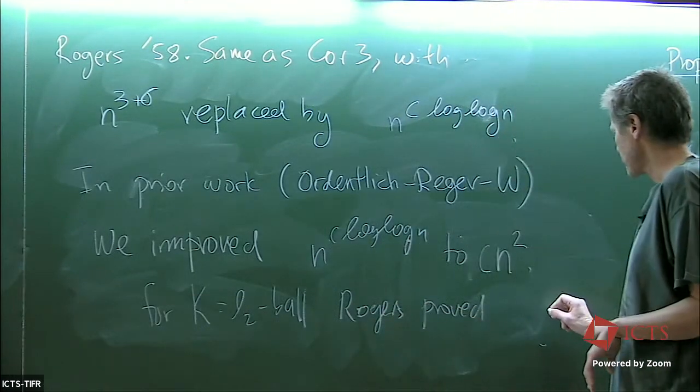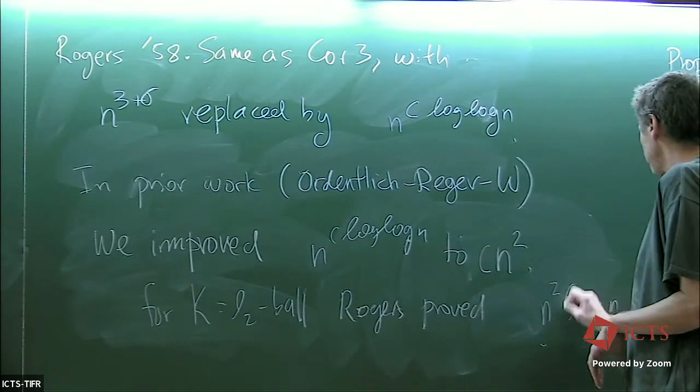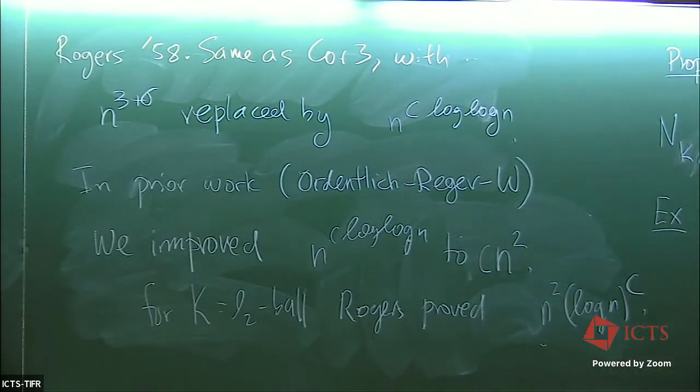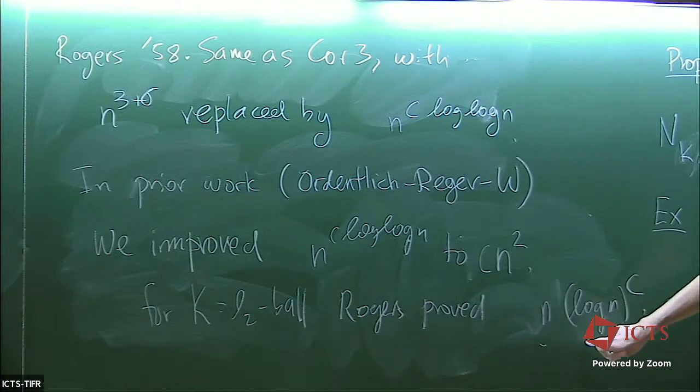The bound is n squared times log n to some power. No, wait, sorry. n times log n to some power. So the result for spheres is better than the general result by a factor of essentially 1.